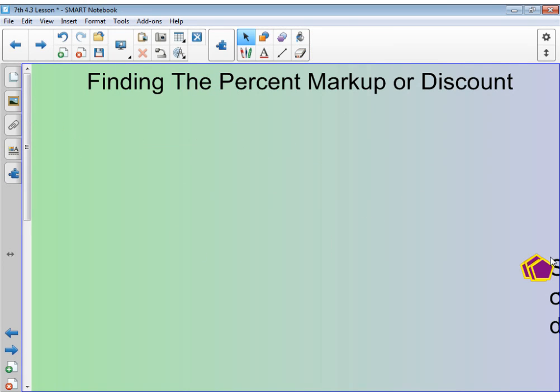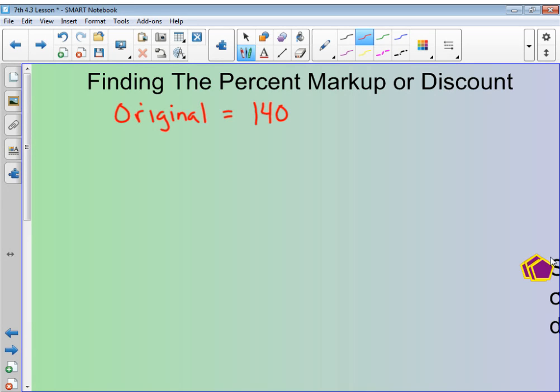Okay, let's try one more of these. Let's say the original price of a ring to the store was $140. They're going to sell it for $231. I want to know the percent markup. Remember, when we set it up, we always do the sale price over the original.